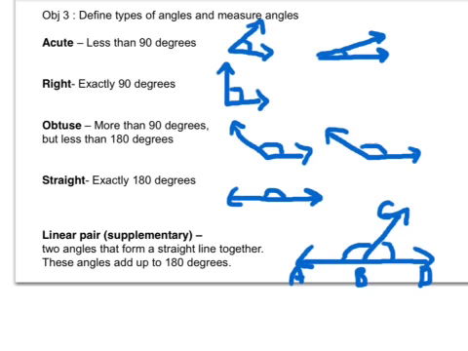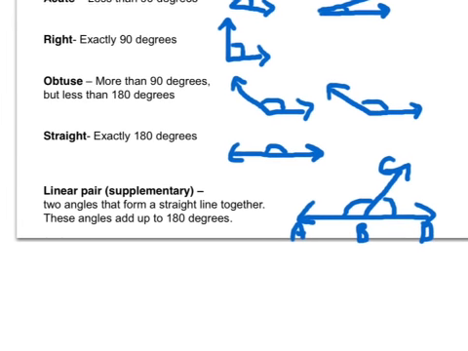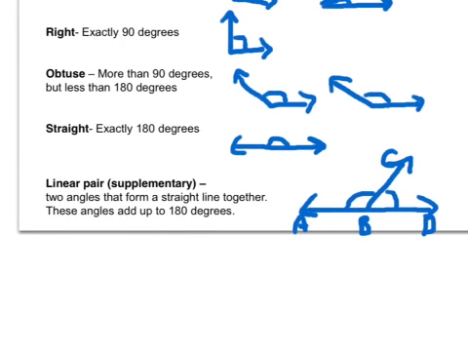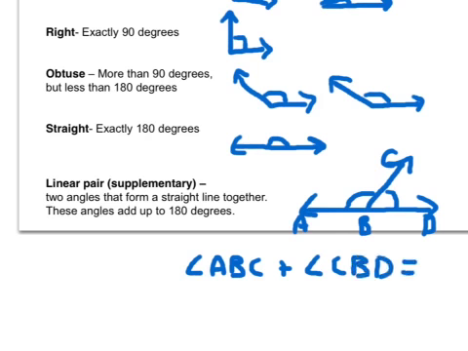So, if I were to name these angles, angle ABC plus angle CBD has to equal 180 degrees. Okay, so the measures of those angles have to equal 180 degrees.